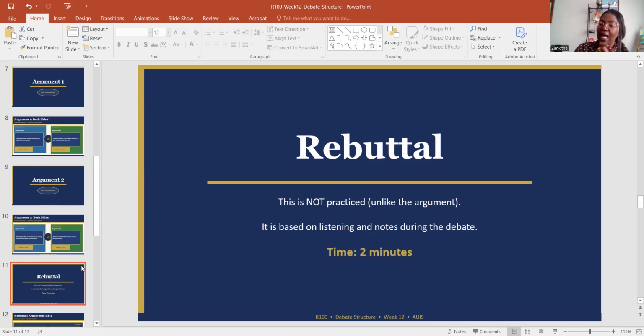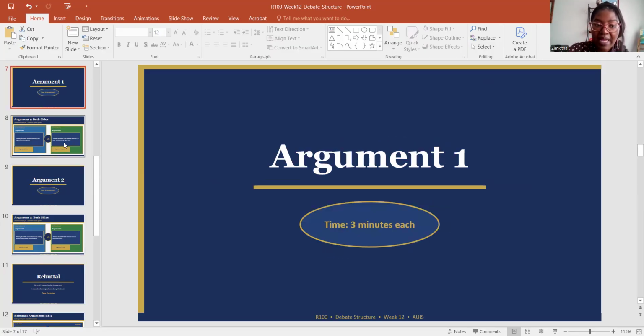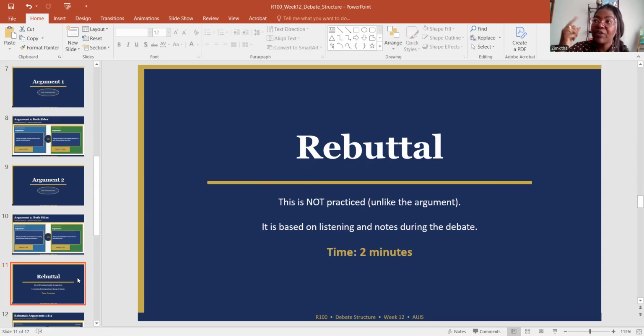You're not going to come in prepared with this part. The only parts you're going to prepare are argument 1 and argument 2. In the time of the debate, when you are in my office doing it, you have to listen so that you can take notes and rebut, to refute, to counter argue your opponent, okay?